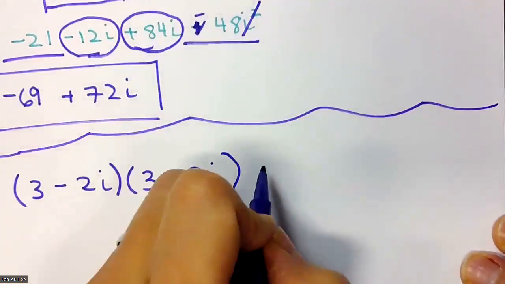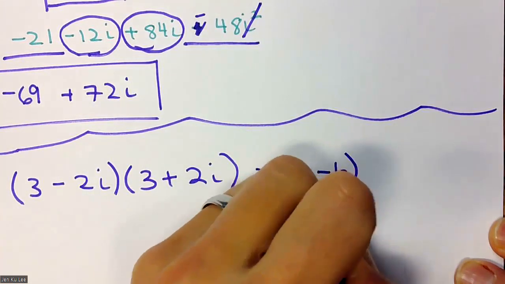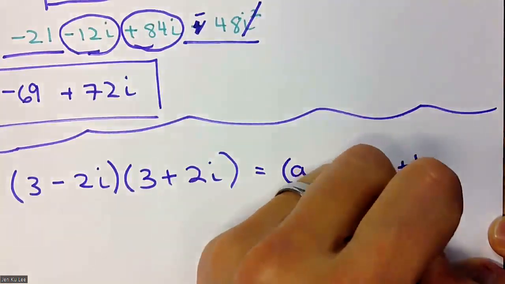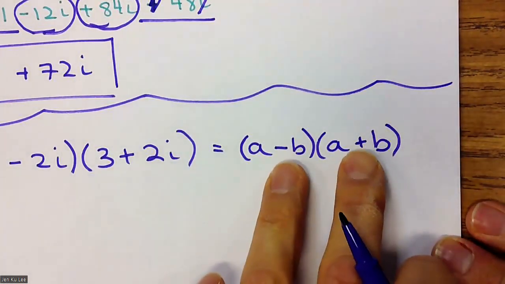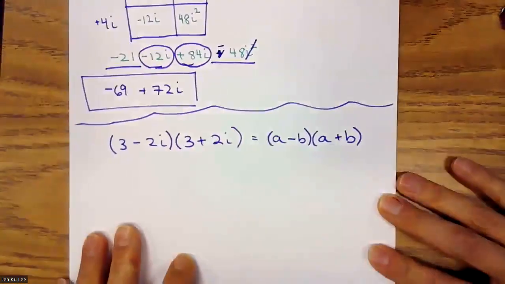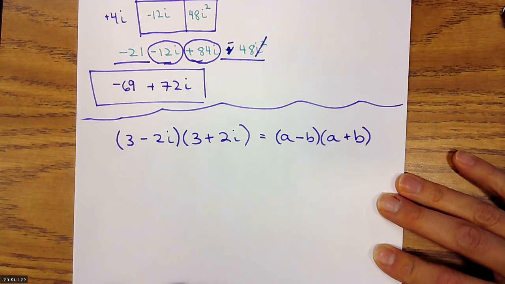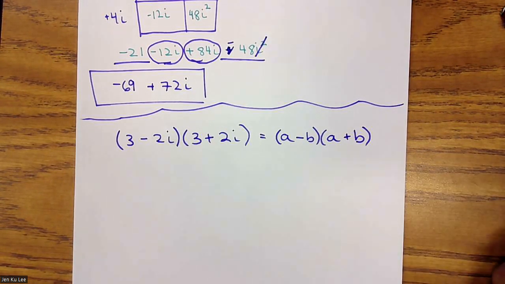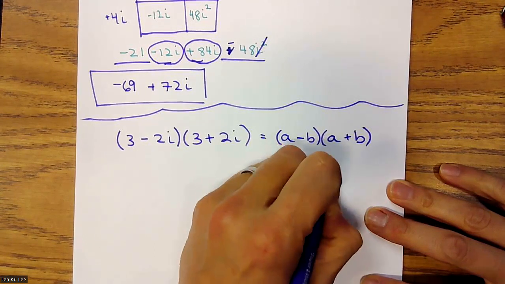So this is in the form of a minus b times a plus b, right? What is that equal to? It comes out to be a squared minus b squared.